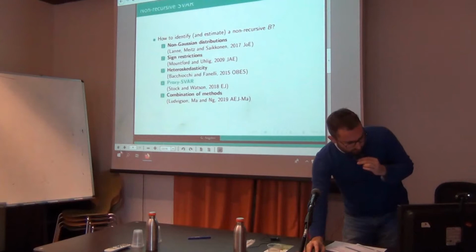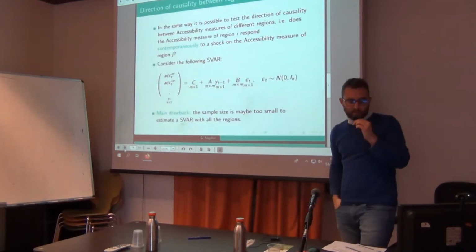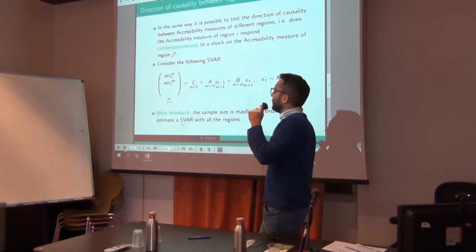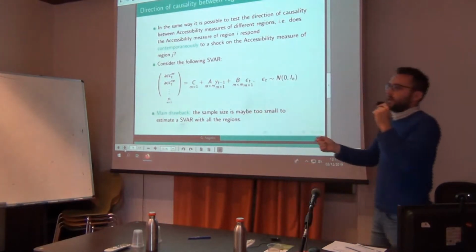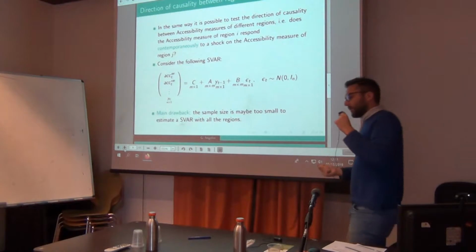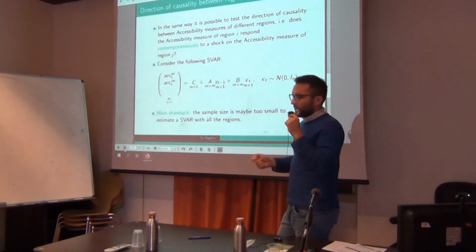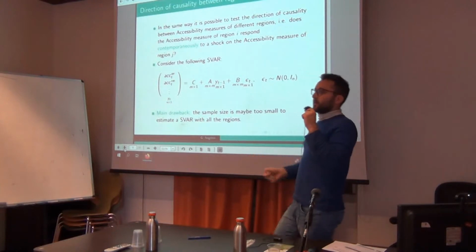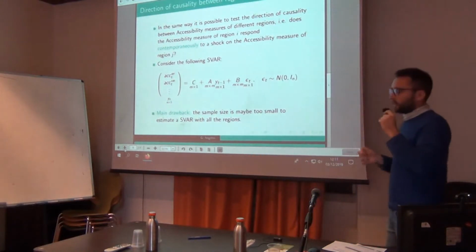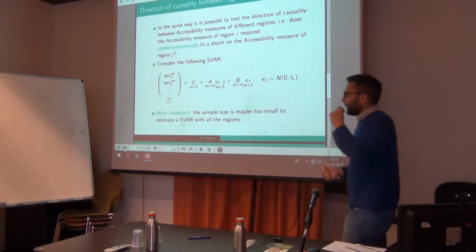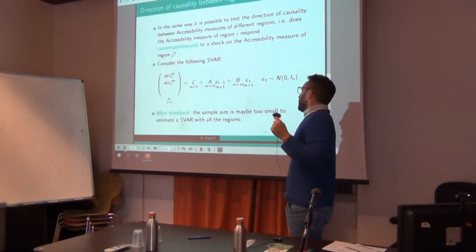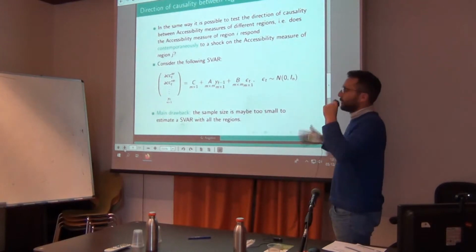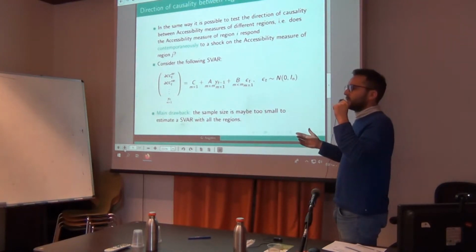Another interesting thing maybe is that, in the same way, we can evaluate double causalities between accessibility rankings of different regions. So maybe, if I understood correctly, the accessibility measure of country I affects the accessibility ranking of country J. The main drawback here is that we have just 20 observations, right? 20 years.